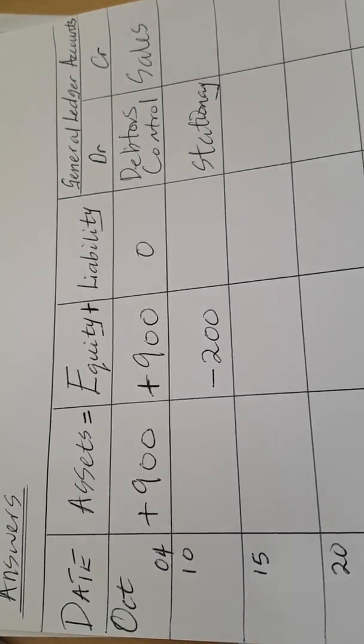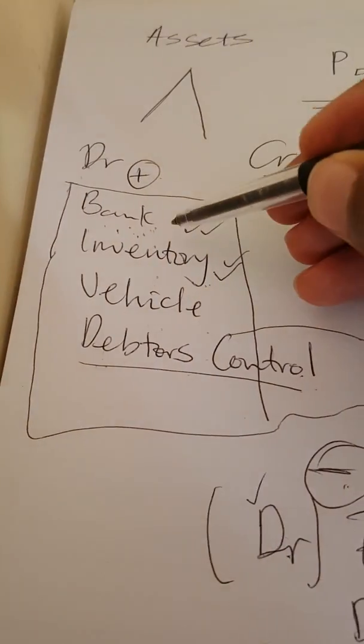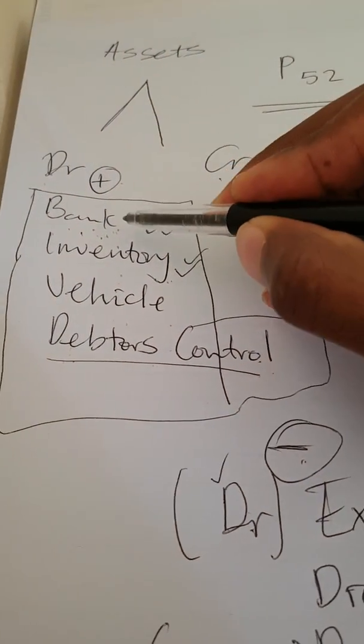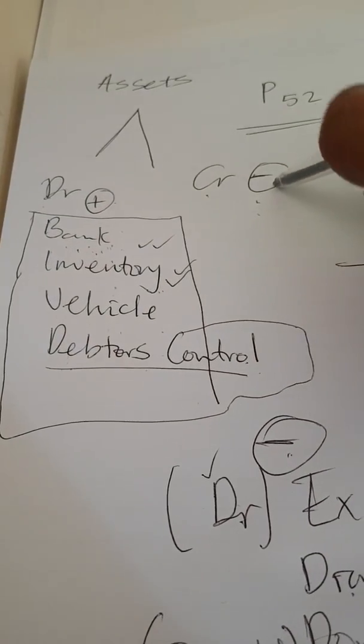Okay, remember this stationery was paid by check. So if you pay by check, now the bank of your business will be affected negatively because it has to issue out that check of 200. So remember, the bank is an asset. So since the bank is an asset, decreases are on the credit side.